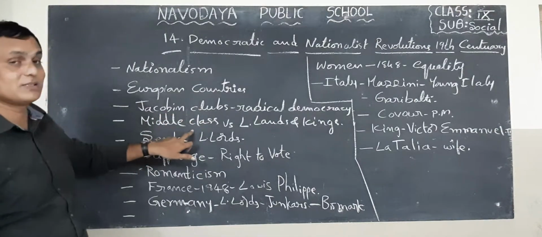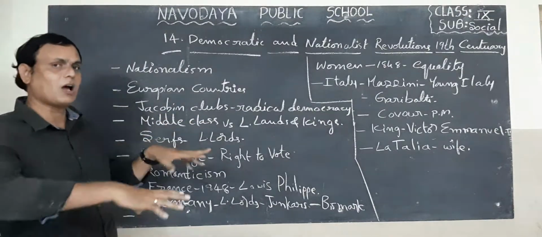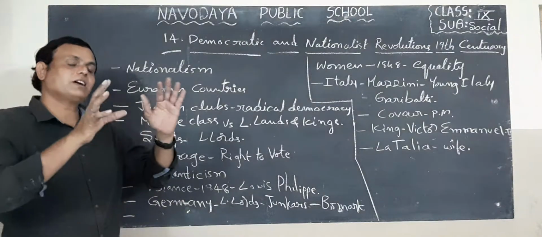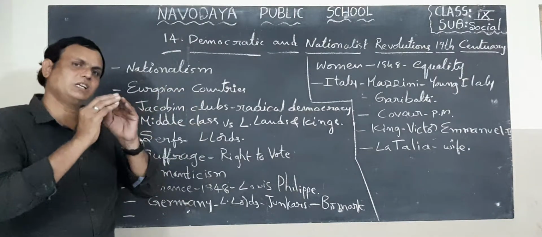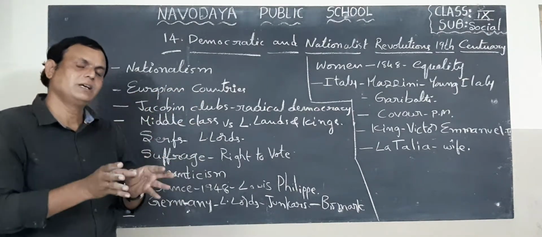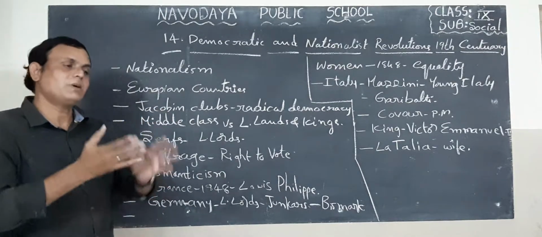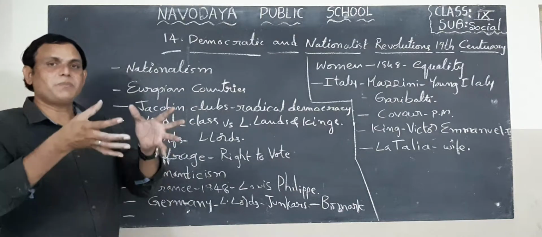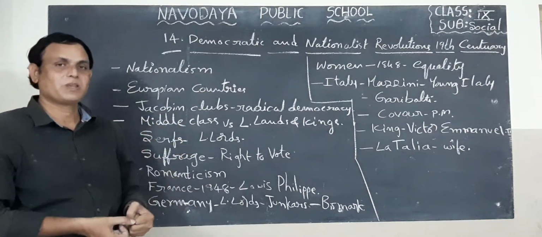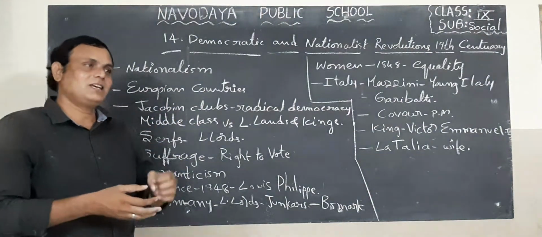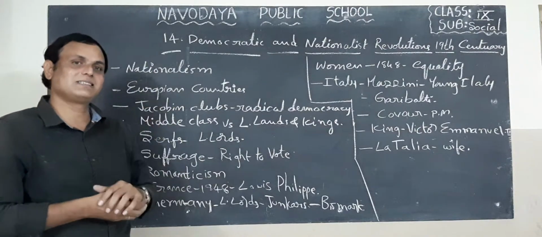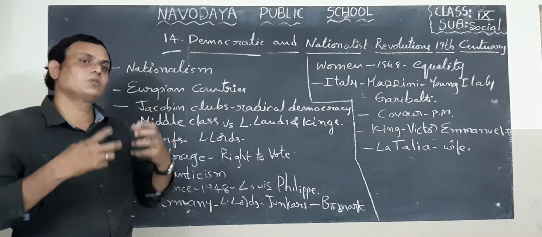Next one, middle class. Middle class people were in almost all countries of Europe, not only in France, Italy, Germany, but in the remaining countries also. The middle class people developed. They were educated. They went overseas. They earned money through business.